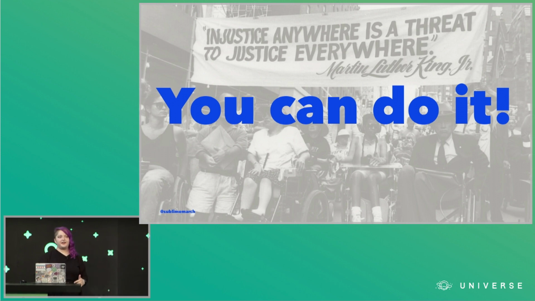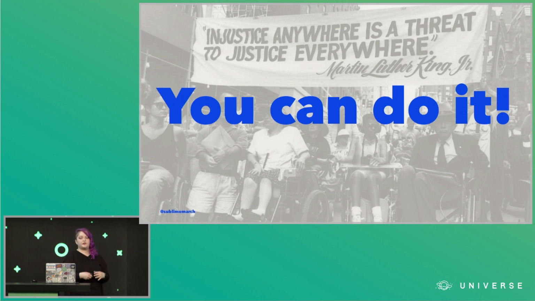it's not that hard. And hopefully somewhat inspiring to you, the image on this slide is folks that are a part of the disability rights movement. I believe this was protests in support of the ADA. These folks are in wheelchairs, carrying a banner that says, "Injustice anywhere is a threat to justice everywhere," which is a quote attributed to MLK.